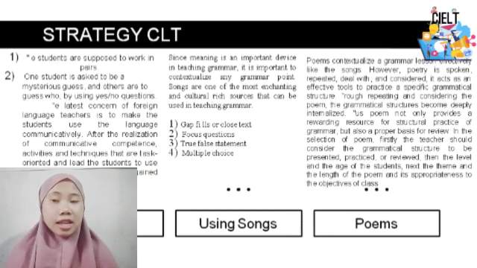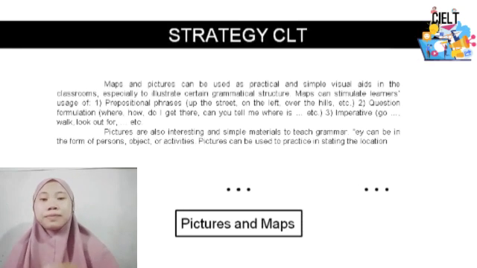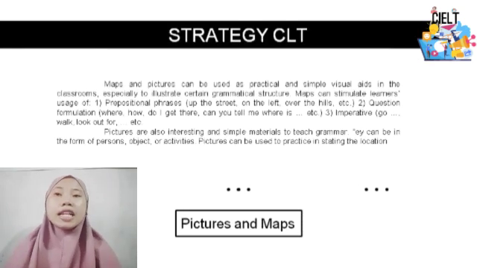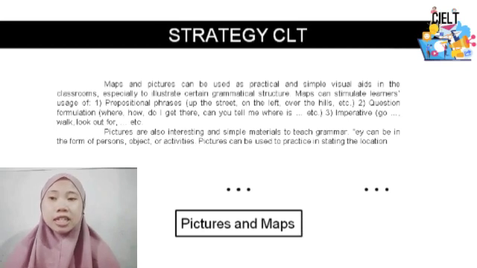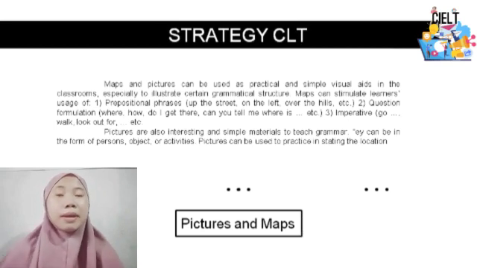Then we practice, so we analyze the grammar in the sentences, like the gerund, verbs, sentence, word, and so on. That is the strategy in CLT, and the last is using pictures and maps.